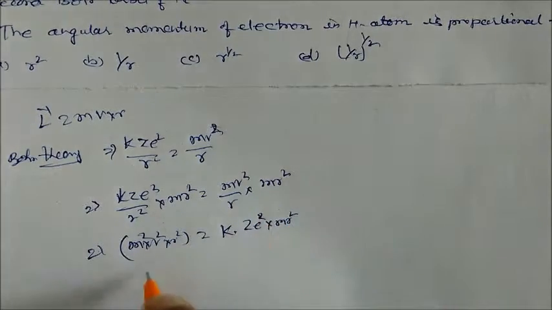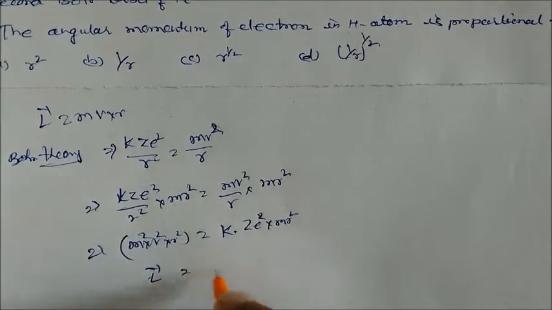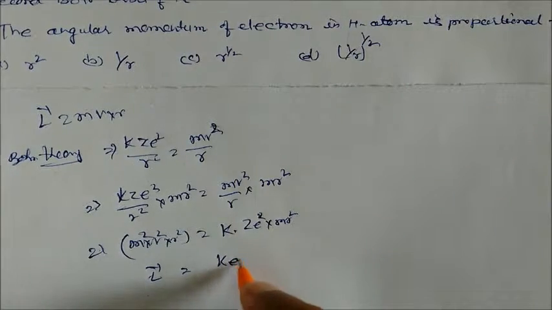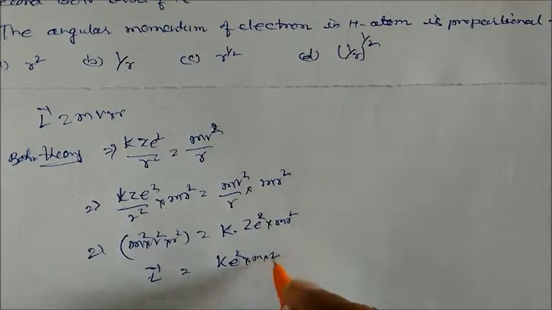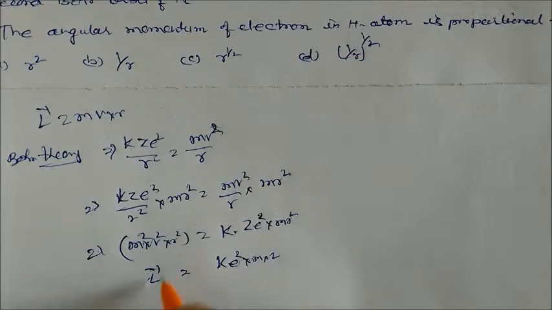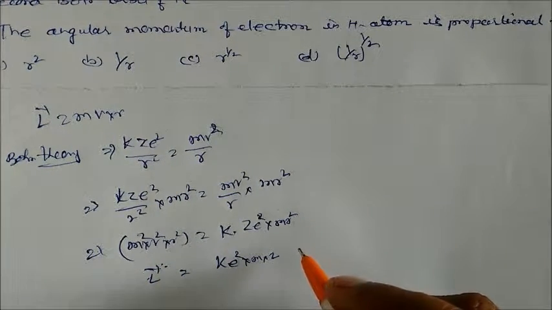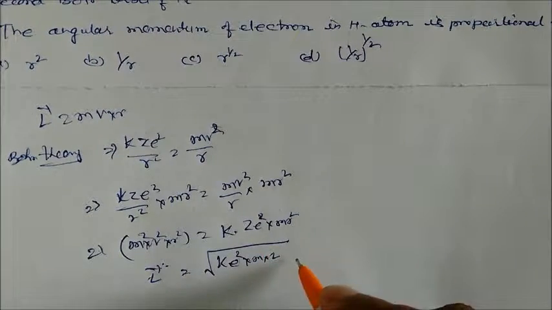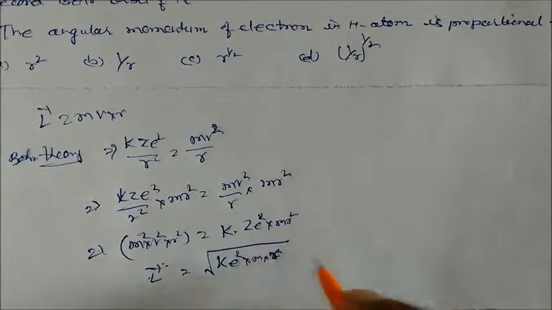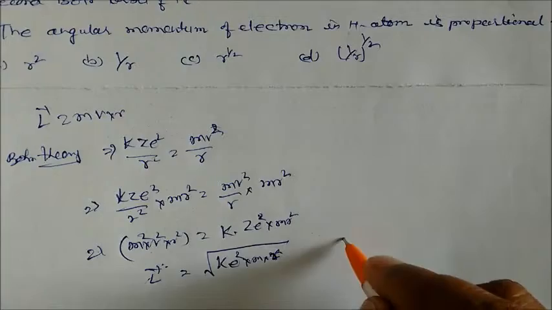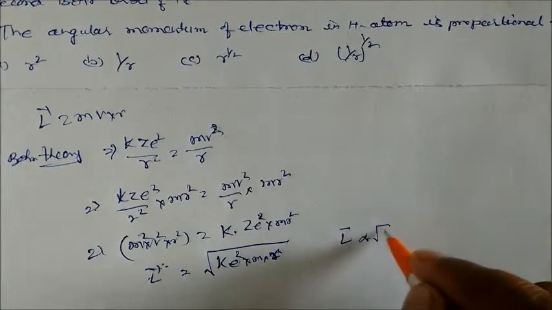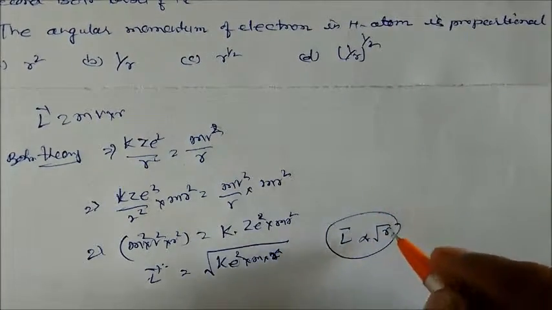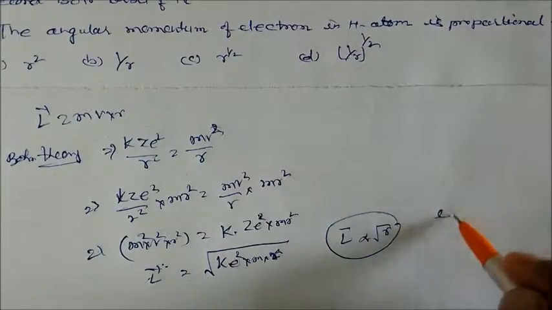This is nothing but the angular momentum squared. So L is the square root of k e square m r, so L is proportional to square root of r. So the answer will be C. C is our answer.